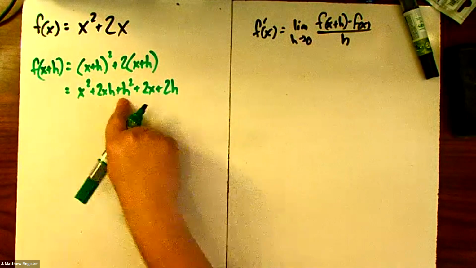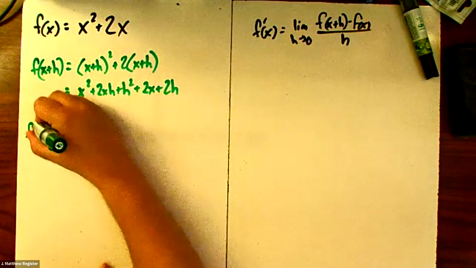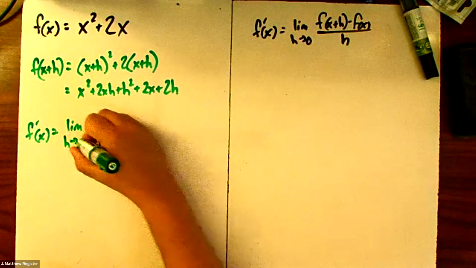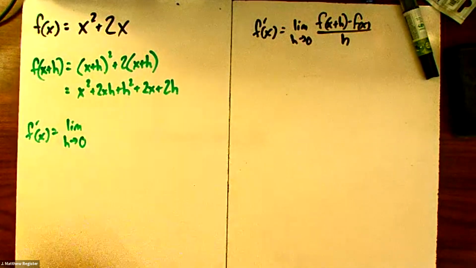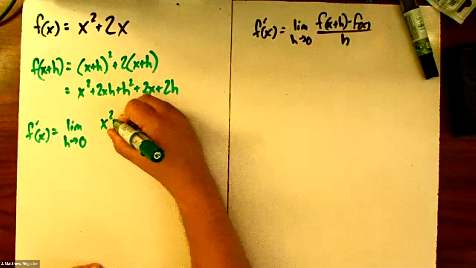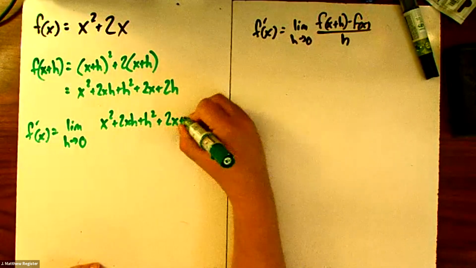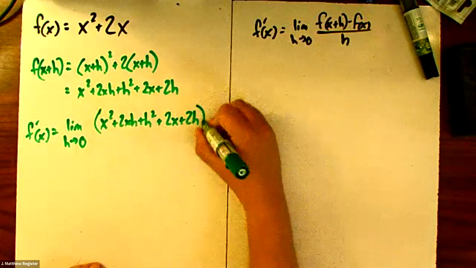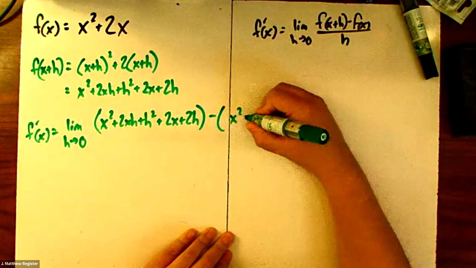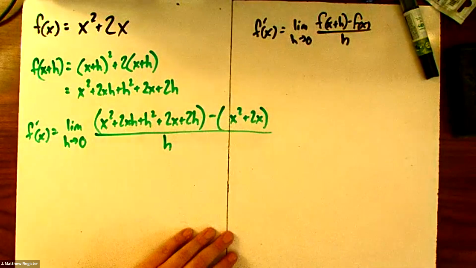And now we can plug this and this into our derivative. So we will get f prime of x is equal to the limit as h goes to 0 of f of x plus h, which is this, x squared plus 2xh plus h squared plus 2x plus 2h, minus our f of x, which is x squared plus 2x, all over h.